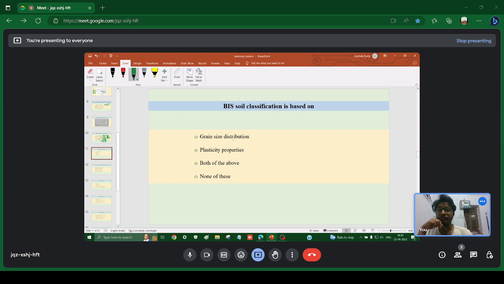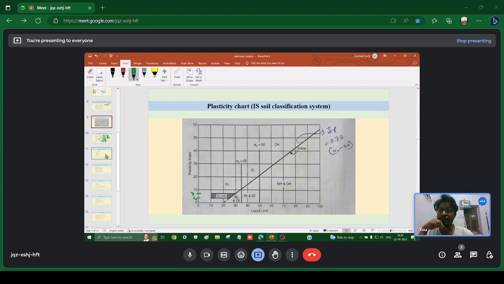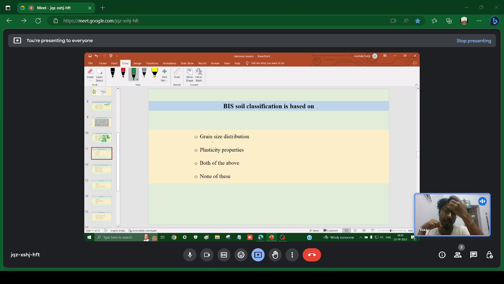So yes, grain size distribution is also taken into consideration while classifying the soil as per the Indian standard system. Hence, both of these properties are being used, grain size distribution and plastic properties.